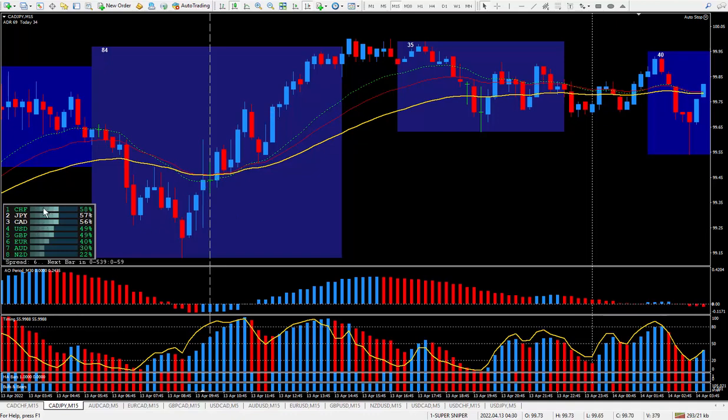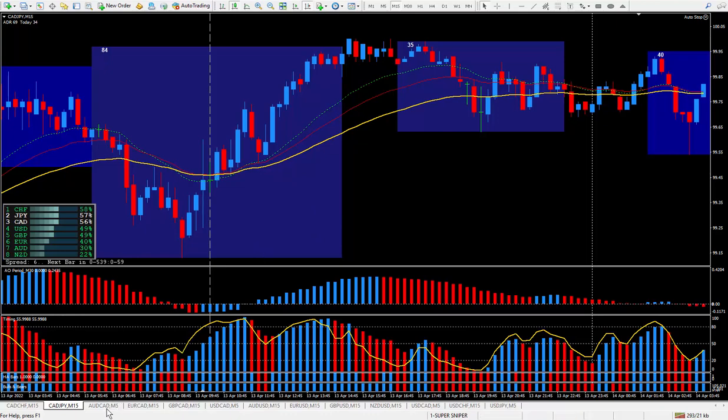It'll be up at the top, and the yen market is not even open, so it may be sitting around 30, 40, 50. But if the CAD is 80% or higher, which it will be, because the whole move here is 84 pips, so it's got to be at least 80, more than likely. So keep an eye on that meter.